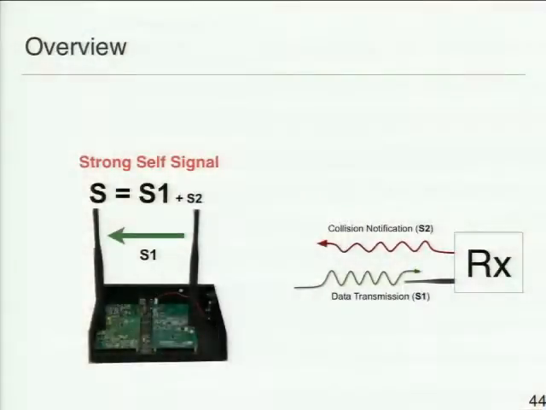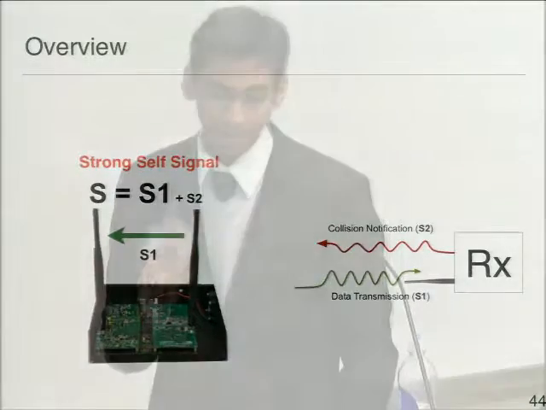So when we faced this problem, we didn't find anything that we can borrow from related work, and hence we started doing a lot of experiments on our ESRP testbed. And the observation we had is that if we can suppress S1 at the listen antenna somehow, we'll be able to detect the collision notification, or S2.